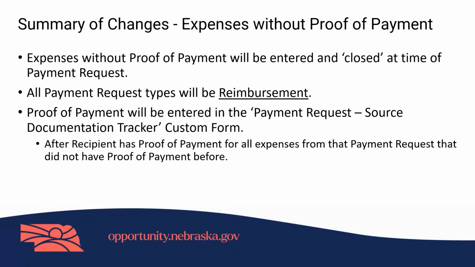The form's called Payment Request Source Documentation Tracker. You won't fill that out until you do have proof of payment, the documentation. But as we all know, you will always attach source documentation for all expenses. On this, we're just focusing on when you don't have proof of payment, because you'll need both.